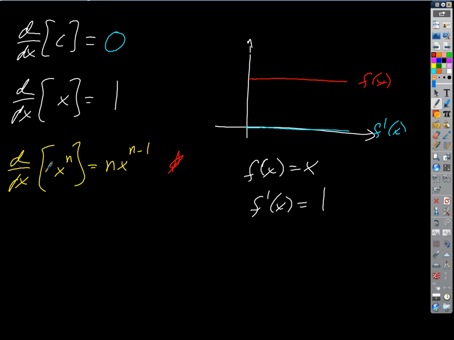So everything that we do up there is consistent with the general power rule. It's just that these two are ones that we come to see as being so basic that we just think of them as, okay, yeah, we know what that is. The derivative of x is 1, and the derivative of c is 0, right? Those are ones that will be real obvious to us as we use them more.